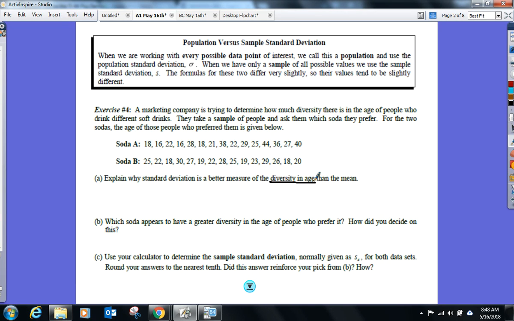Higher the standard deviation, the more diverse it's going to be. Everyone agree? Okay, the higher the standard deviation, the more spread out, the more diverse these ages are going to be. So the higher the standard deviation, the more diverse the ages.